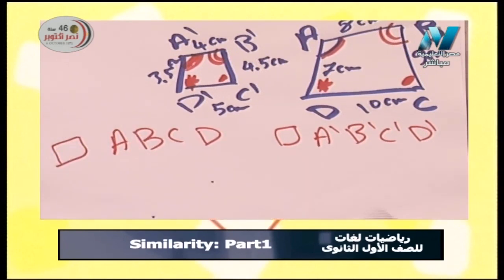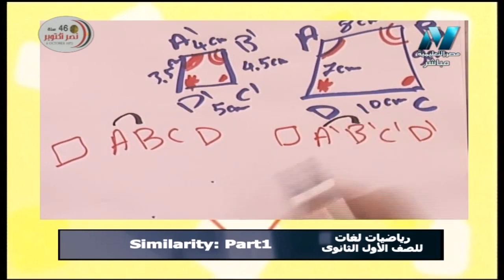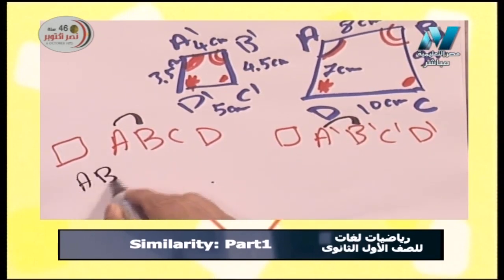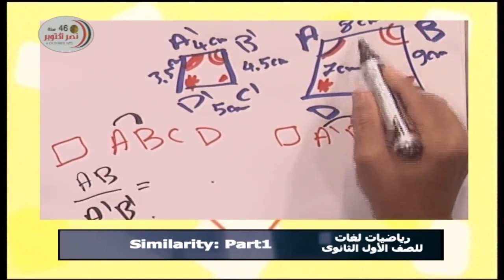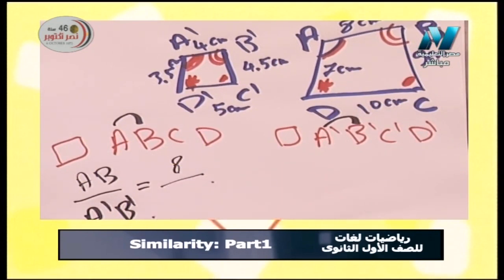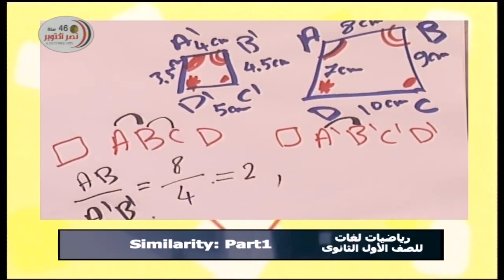Let's find AB over A dash B dash. AB equals 8 divided by A dash B dash, which is 4, so the answer equals 2.